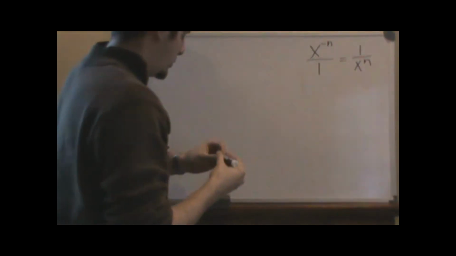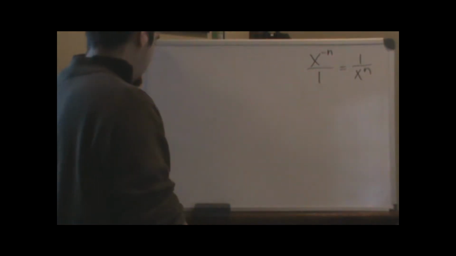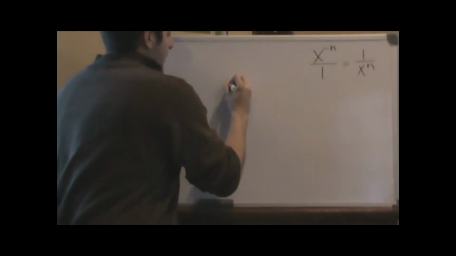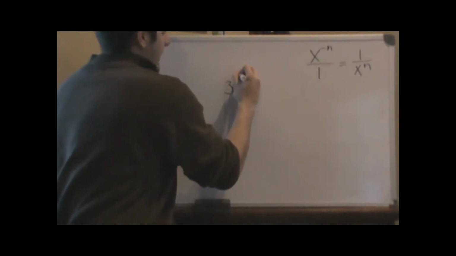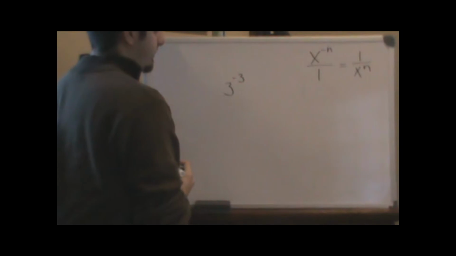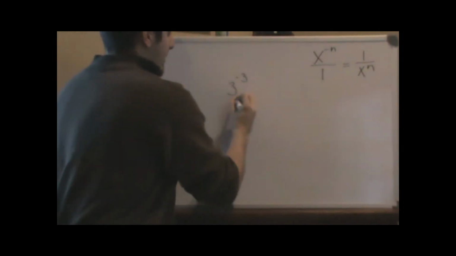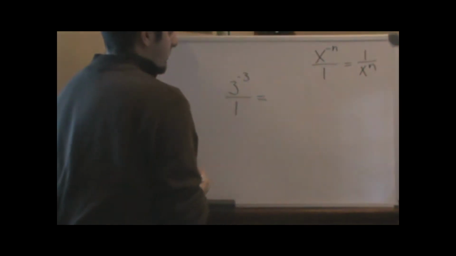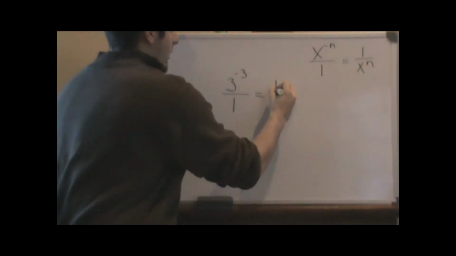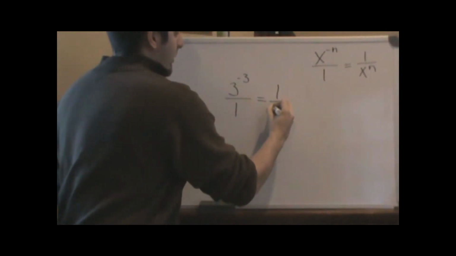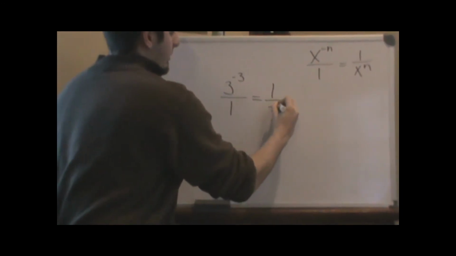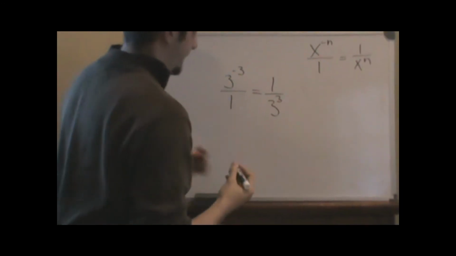So an example that shows that. If I have 3 to the negative third power over 1, it equals 1 over 3 to the positive 3.